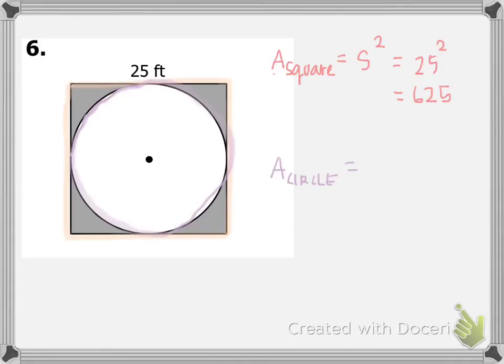Okay, so the area of the circle is pi r squared. Okay, well I know that my diameter, okay, is 25 feet, right? So my radius is going to be half of that, so it's going to be 12.5. So pi times 12.5 squared.